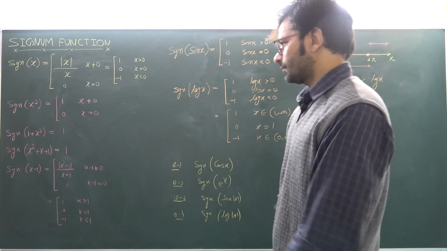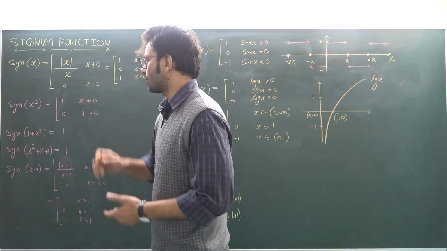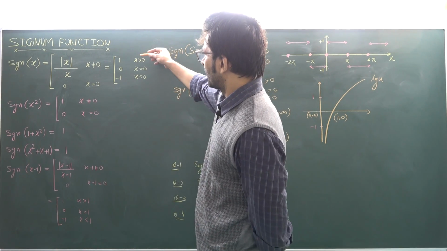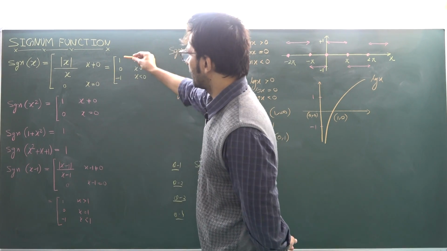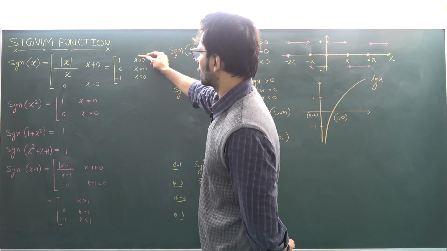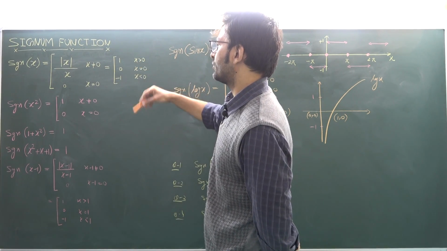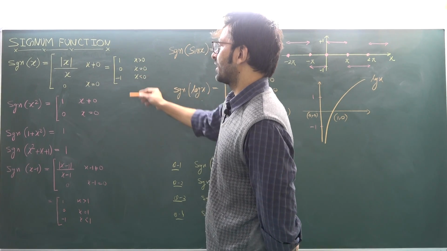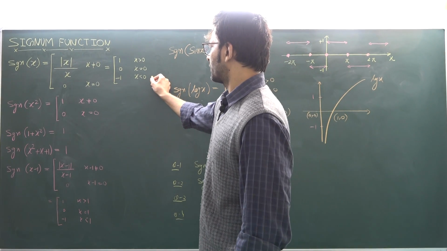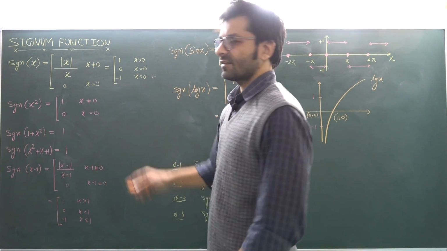Okay, suppose we wish to calculate Signum of x square. This value will be plus 1 whenever x square is positive, 0 whenever x is 0, and negative whenever x square is negative. So this third possibility doesn't really exist in this case.